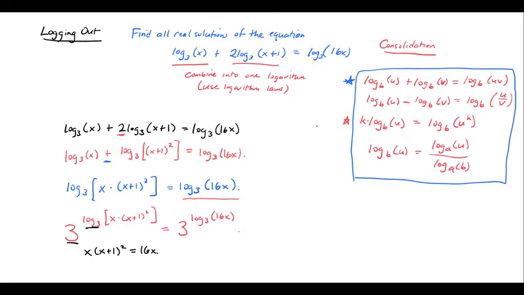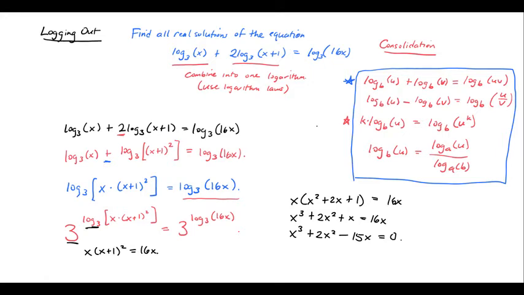And now that's a nice little polynomial equation. Actually kind of a beastly one. I have to square x plus 1. That gives me x squared plus 2x plus 1. Multiplying that out, distributing gives me x cubed plus 2x squared plus x equals 16x. Then I can subtract 16x from both sides and get x cubed plus 2x squared minus 15x equals 0.